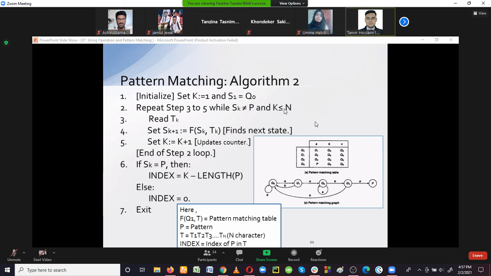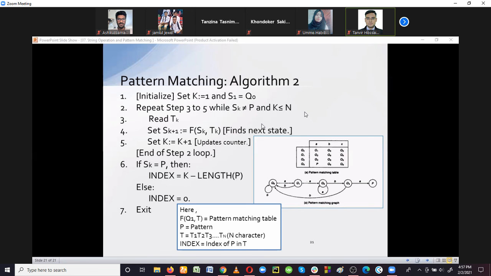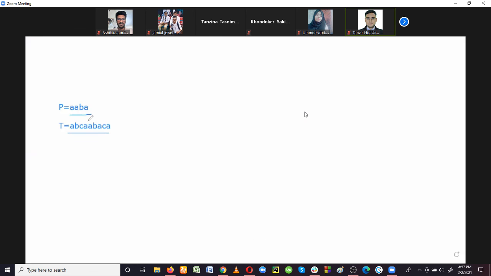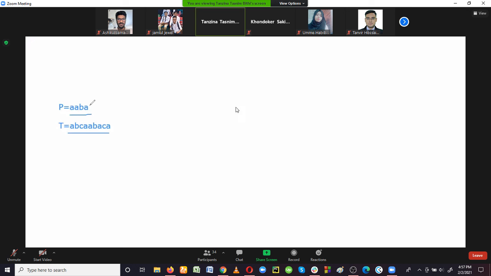Madam, what is the n? N is the number of characters we have in the text. Look at this. This is our pattern AABA, right? What is the last state here?